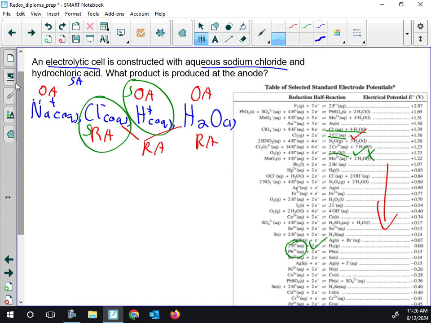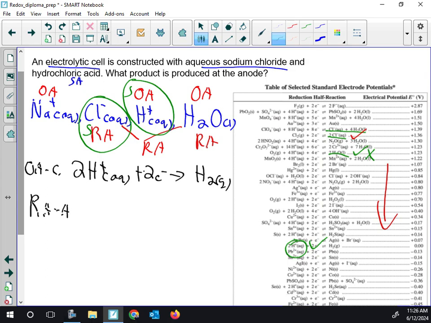So we know our chemistry, we can pretty much answer the question. The best oxidizing agent at the cathode is going to be the H+ half reaction, one you should have seen a lot throughout this course. To get to this question, we need the best reducing agent that occurs at the anode.